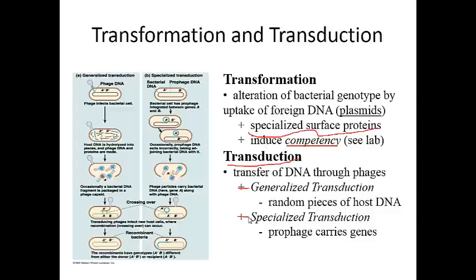For the most part, these two processes are the same. The only difference is that in generalized transduction, the phage is going to utilize the lytic cycle. In specialized transduction, the phage is going to utilize the lysogenic cycle. In either case, with transduction, the phage accidentally transfers DNA from one bacteria to another.